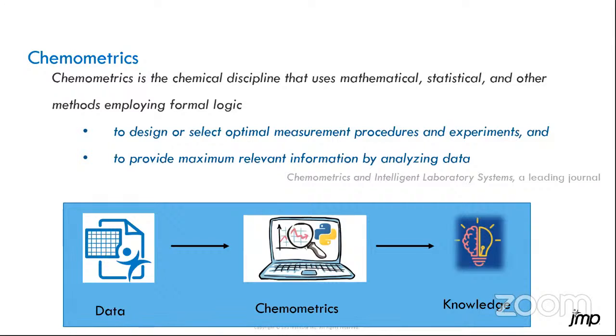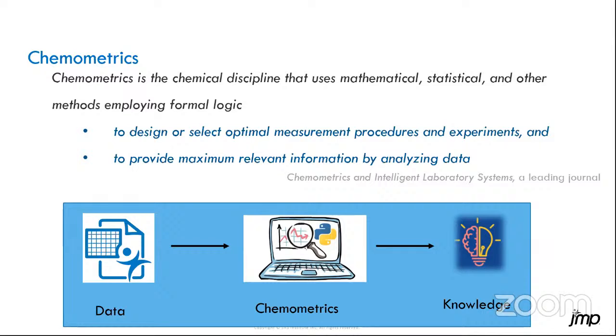To design and select optimal measurement procedures and experiments. Experiments are an important thing in pharmacy. We'll come to that in the later stage of our presentation, why we need to design the experiment. That's optimal measurement procedures and experiments, and also to provide maximum information by analyzing the data.